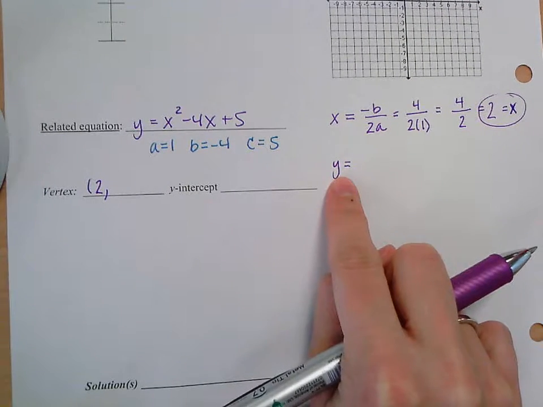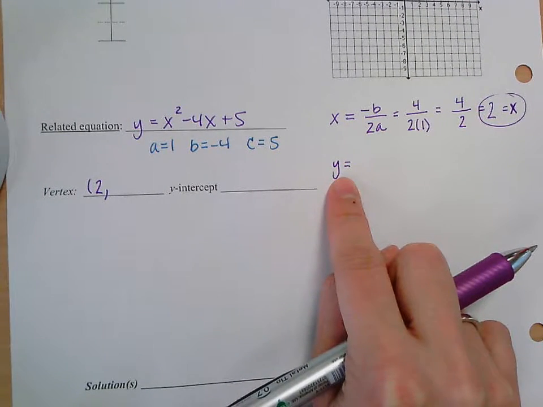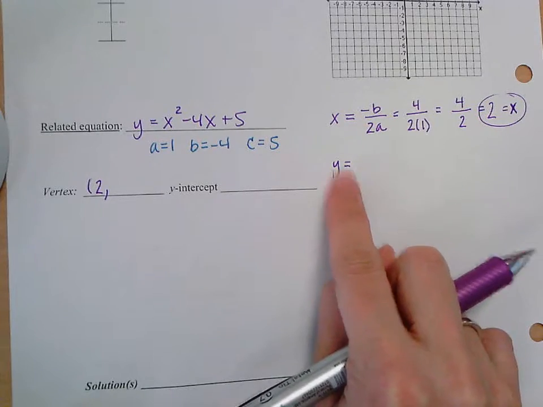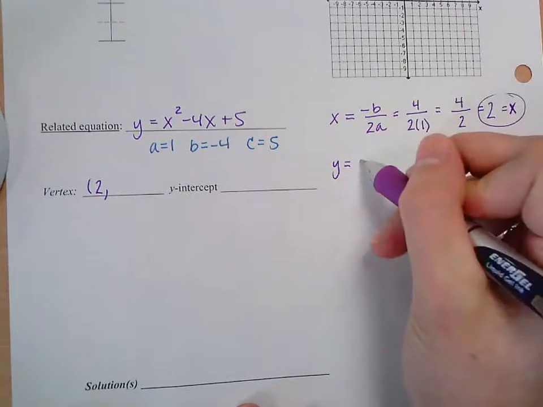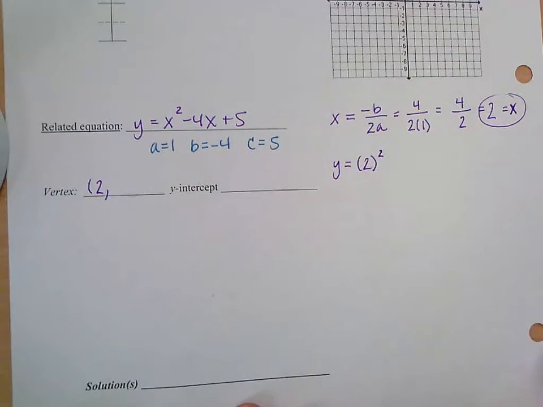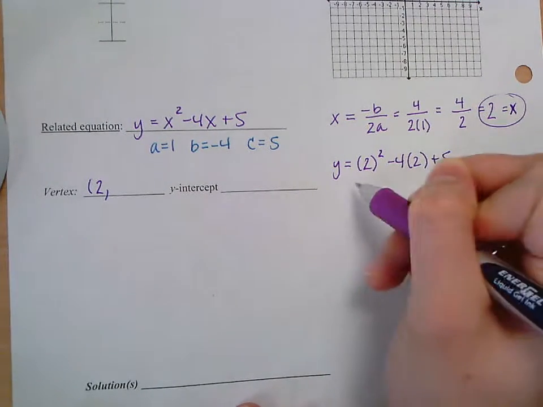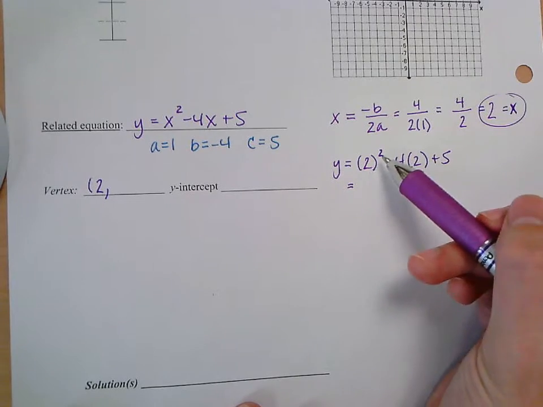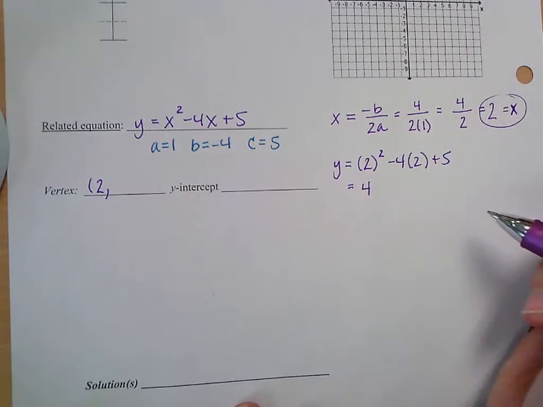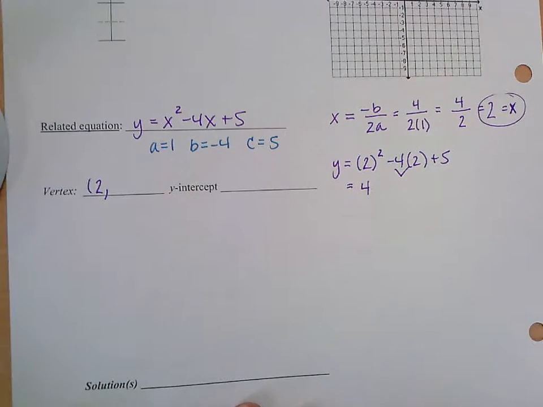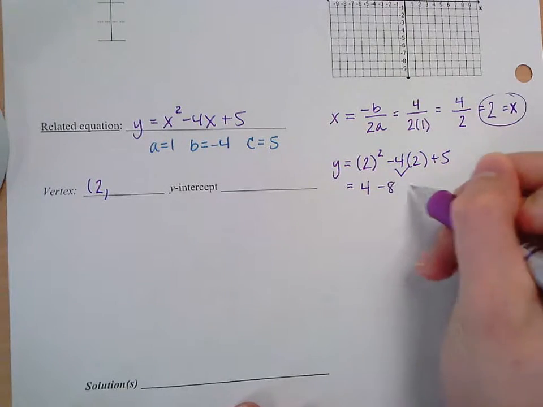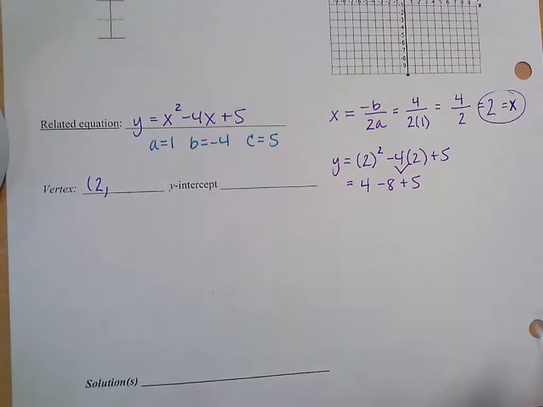Then, if I find my y coordinate, substitute 2 in for x. So I'd have 2 squared minus 4 times 2 plus 5. 2 squared is 4. Minus 4 times 2 would be minus 8 plus 5.